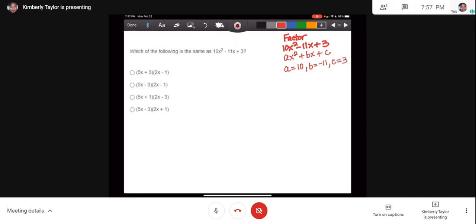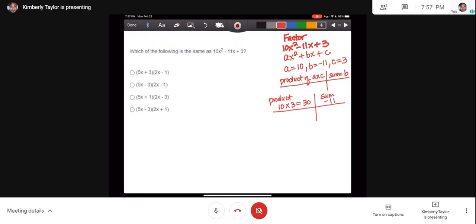Okay, so when I'm trying to factor, I need to find the product of a times c, and then I need to find the sum of whatever b is. So in this case, my product is going to be 10 times 3, which is 30, and my sum is the value of b, which is negative 11.